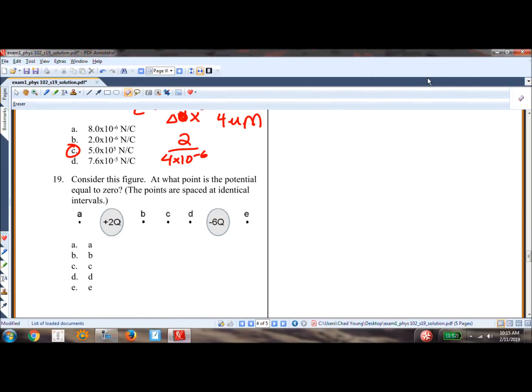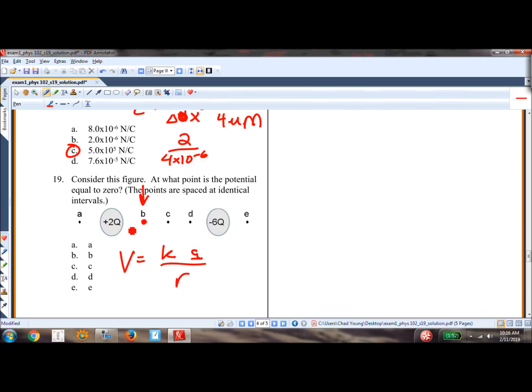Okay, this one seems simple, number 19, but you really have to think about it a little bit. The answer is going to be B. Let me show you why. First of all, we know that V is equal to KQ over R, and at point B, it is situated such that KQ over R for the two charges is equal but opposite, because one's positive and one's negative.